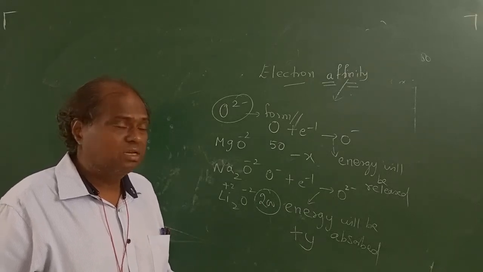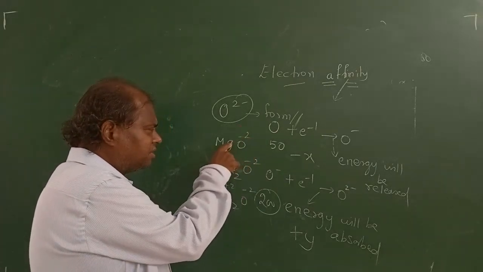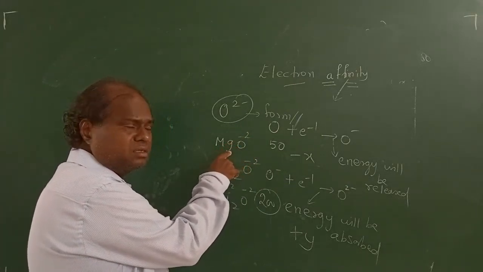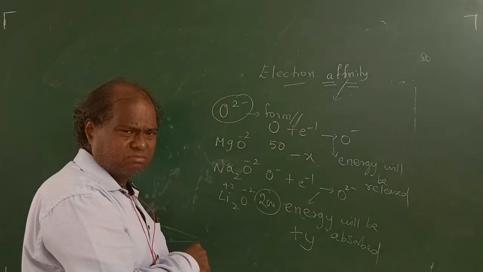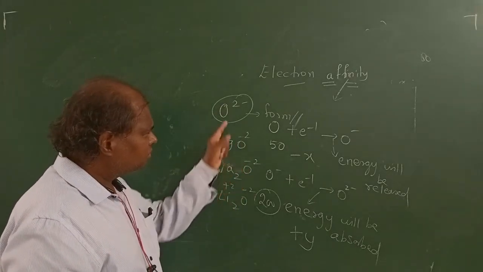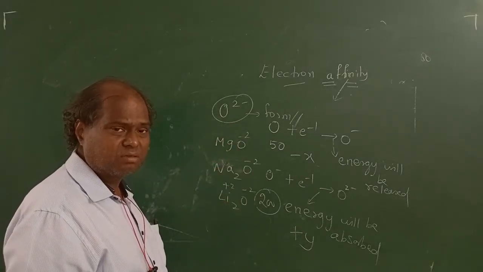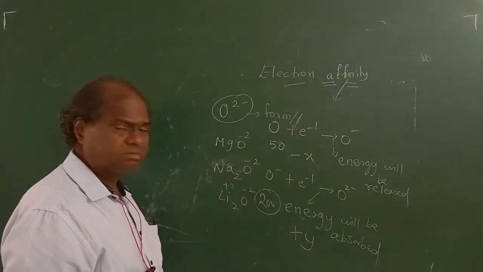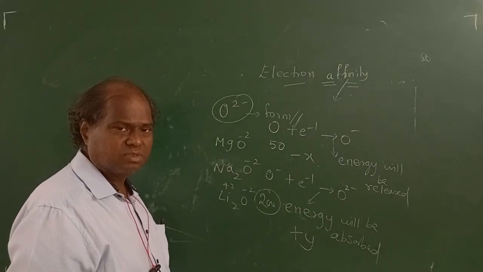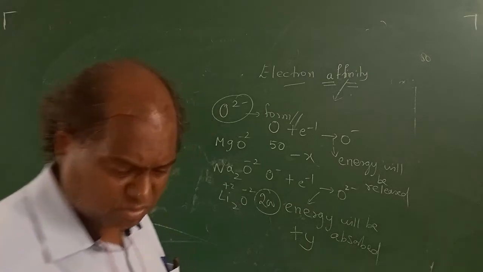The reason is the force of attraction between magnesium and the oxide ion is very, very high. There's a huge force of attraction compared to the energy that you are spending.